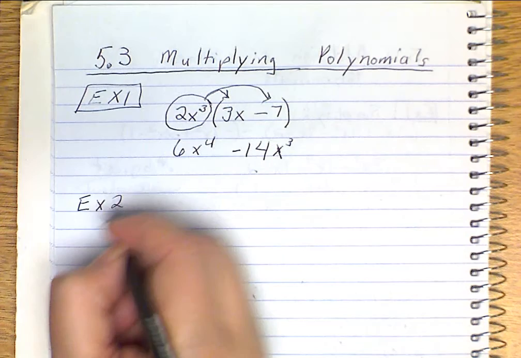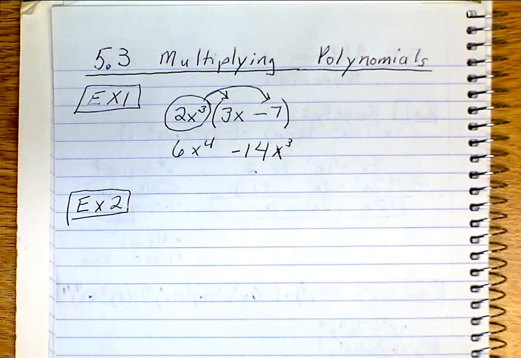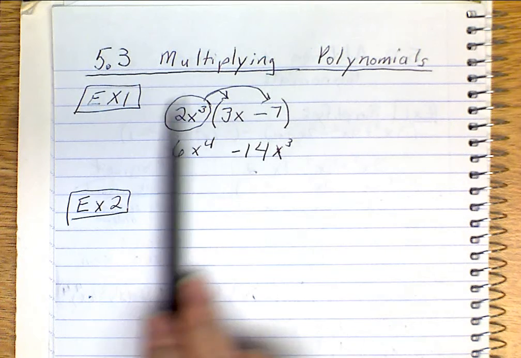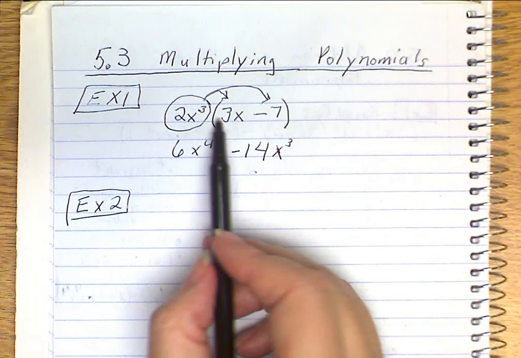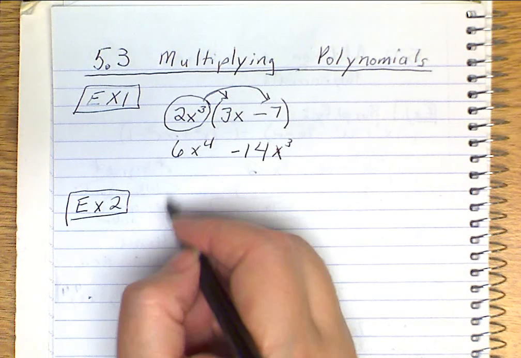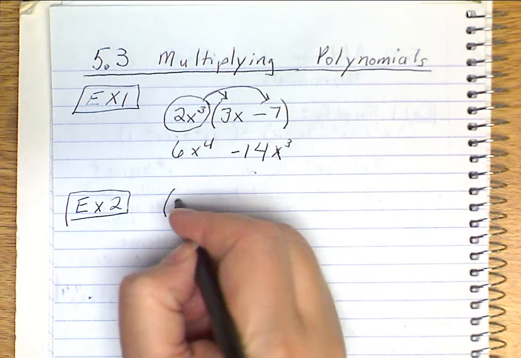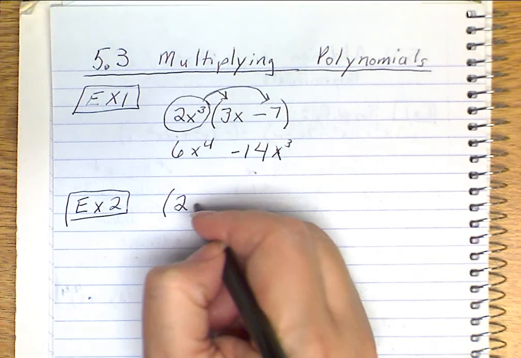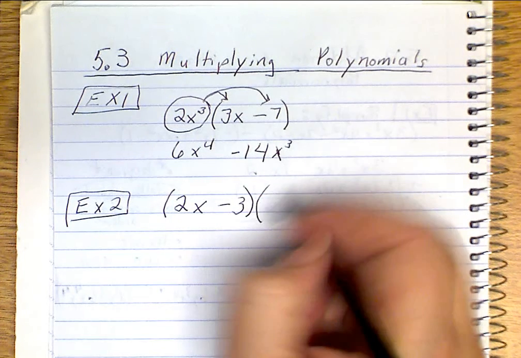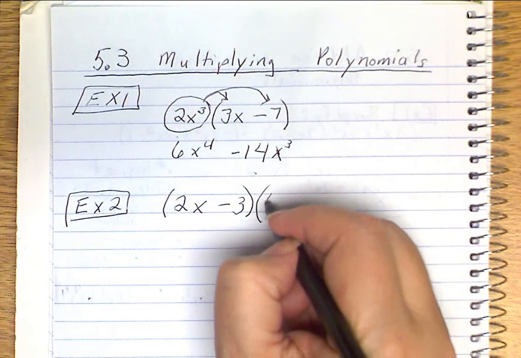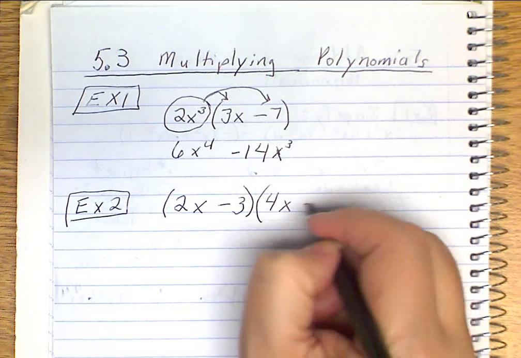Example 2. That was a monomial times a binomial. Well, now we're going to do 2 binomials. So maybe 2x minus 3 times 4x plus 5.